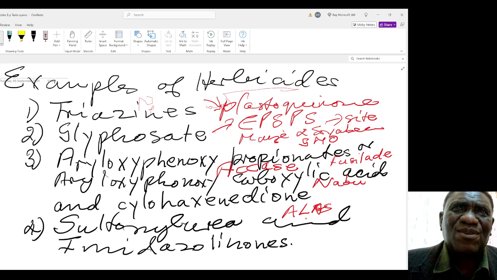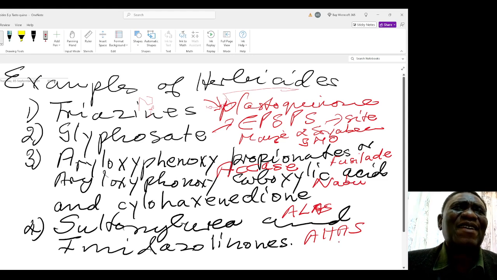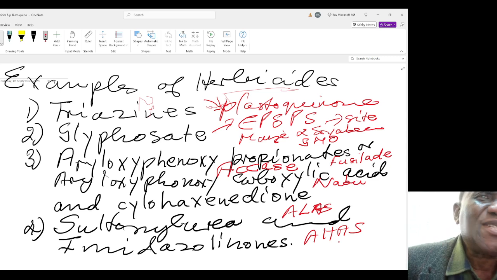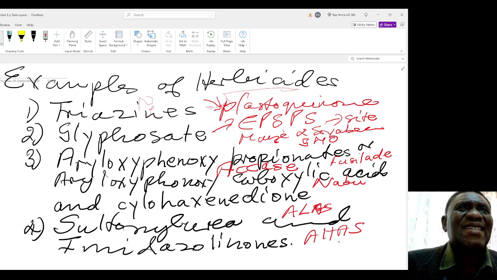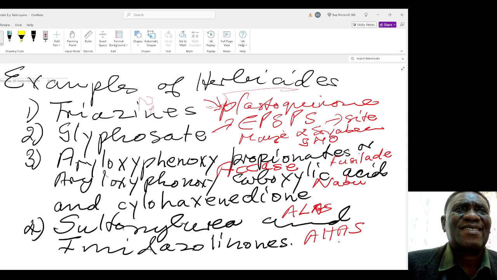Sometimes it is called, I think, AHAS, acetolactate synthase enzyme. These sulfonylurea and imidazolinones need to fit to these enzymes in order to express their mode of action, and it can be done in grasses.